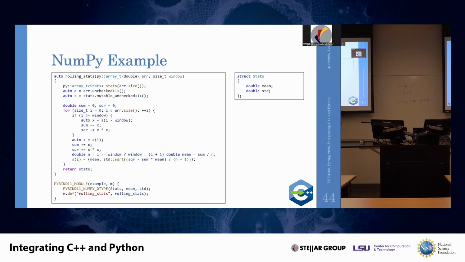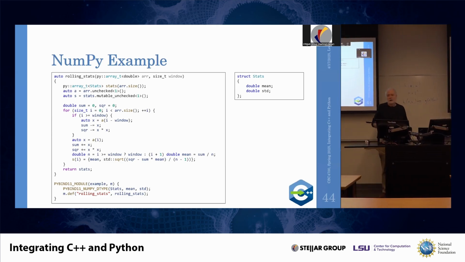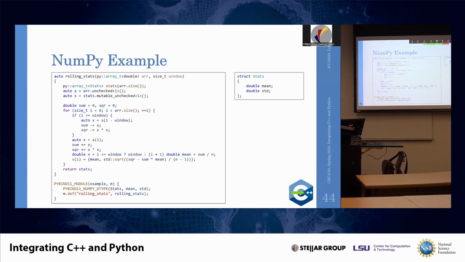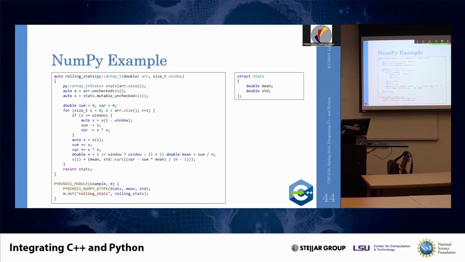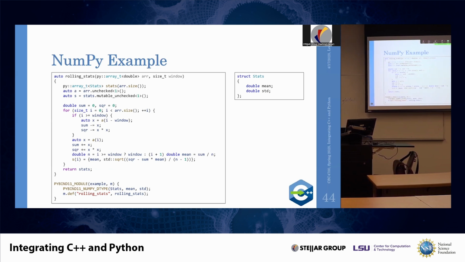Please bind them in a way so that I can use it as an element in a NumPy array. And for those who have worked with NumPy, you know that you can store arbitrary things in NumPy, but you have to tell Python and NumPy about these things. So this one line does that. It wraps stats in a way so that you can use it as an element in a NumPy array. So I can create a new NumPy array of those stats.